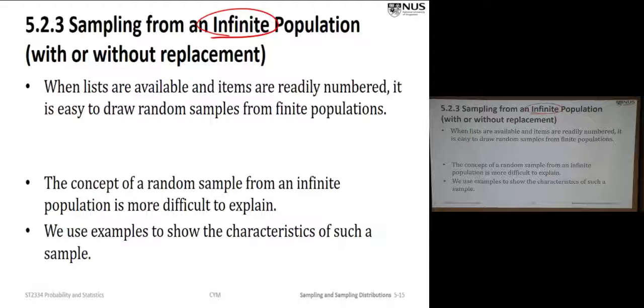But if I tell you I have a magic box with an infinite number of balls inside, and the proportion of red and blue balls is fixed, then even if you take out a blue ball, it won't affect the proportion of red to blue balls in the box, because there are infinite number of balls.